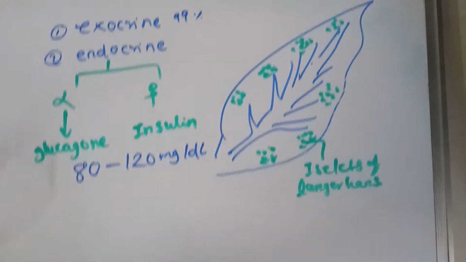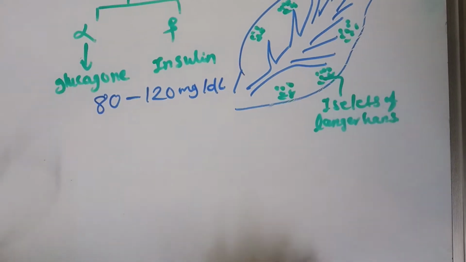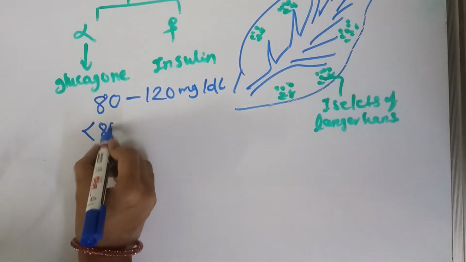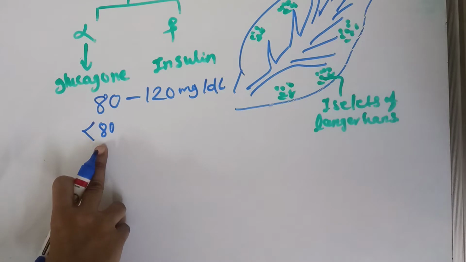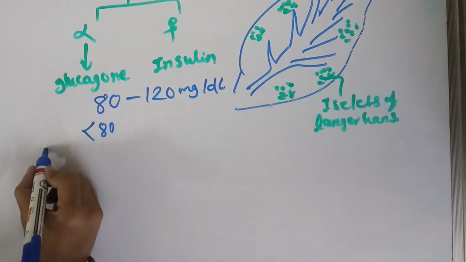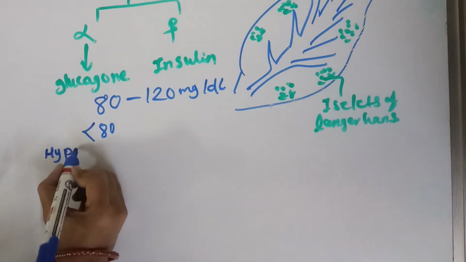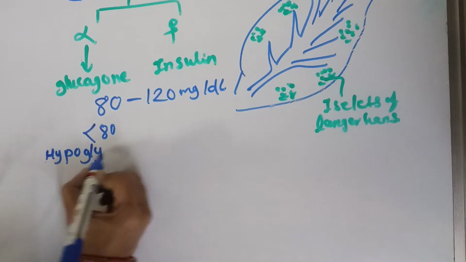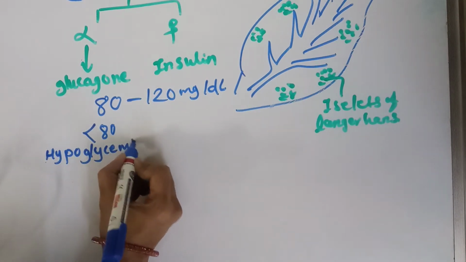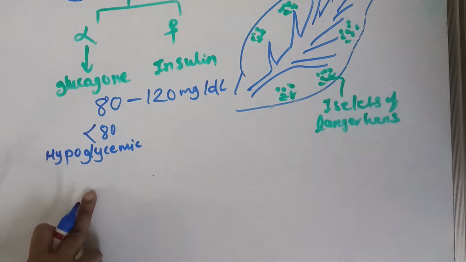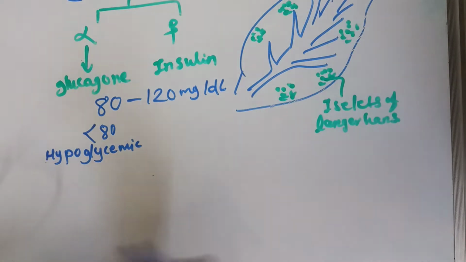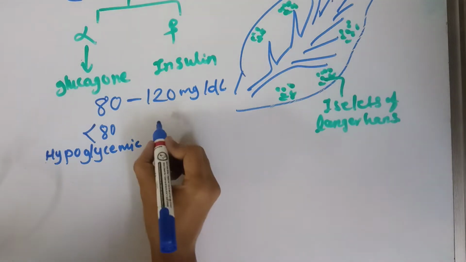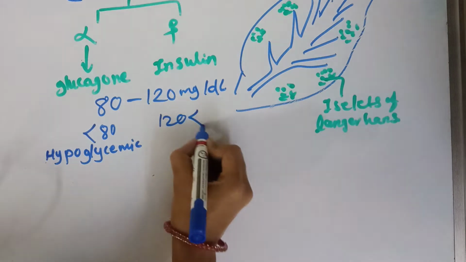Okay guys, so whenever the glucose concentration is less than 80, that condition is called hypoglycemic. Hypoglycemic means low blood glucose concentration. Okay, and when the glucose concentration is more than 120 mg per dl, that situation is called hyperglycemic.